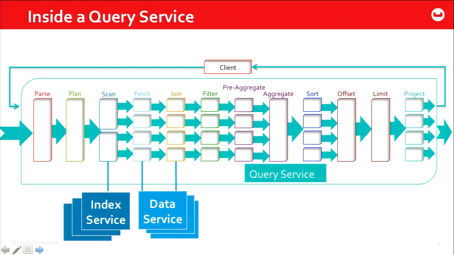The second thing I want to highlight here is that this is an execution pipeline for a simple SQL. SQL can be nested. You can have many levels of subqueries and many operators like union, intersect, except.